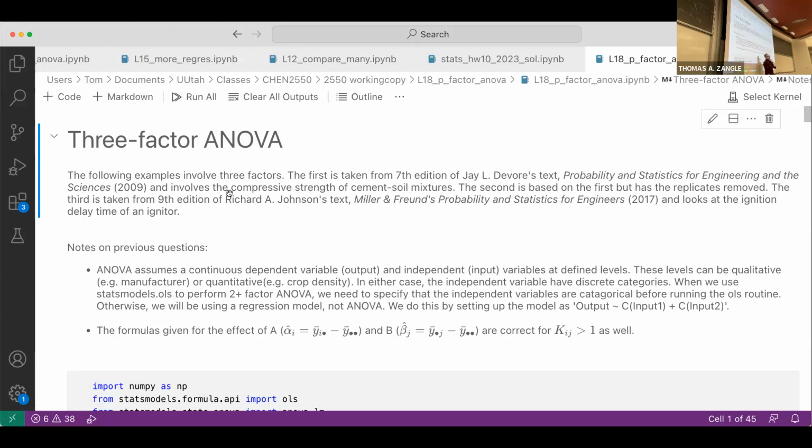But OLS is a more general routine that can do linear regression in general. So you could think of this as almost like a magic incantation you have to do to get OLS to set the problem up correctly for the ANOVA downstream. But just a little bit more insight into it is that we can only do ANOVA on categorical variables. Any follow-up on that? Hope that's clear. It's getting into the nitty-gritty of how some of these routines work.